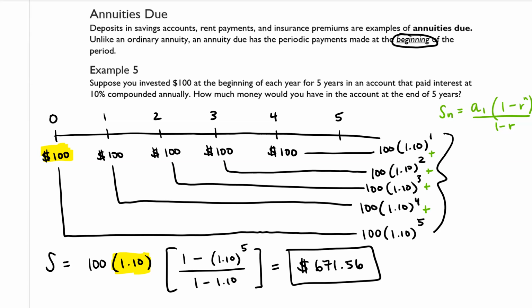So it should make sense in this scenario that we're getting slightly more money, about $61 more than the example where we were talking about the ordinary annuity.